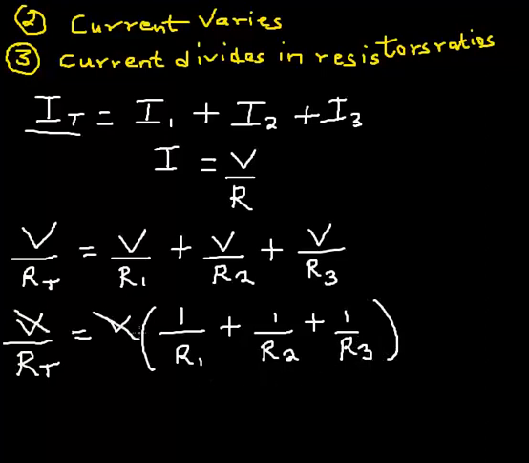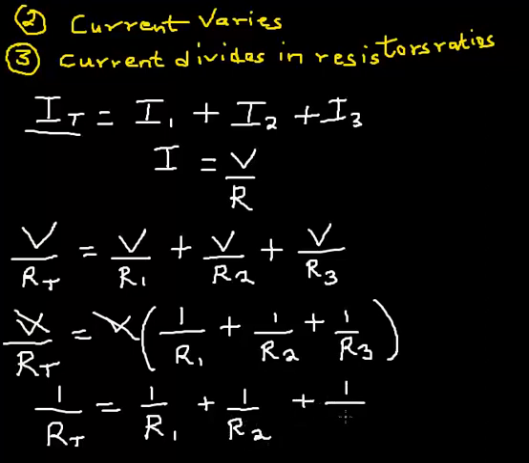V cancels V, so I'm left with 1 over RT equal to 1 over R1 plus 1 over R2, then plus 1 over R3. That is how we find the total resistance of resistors connected in parallel.